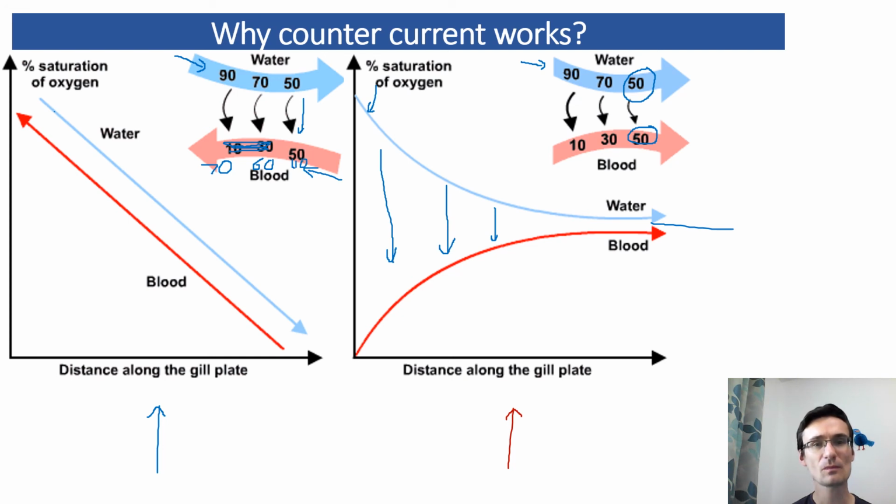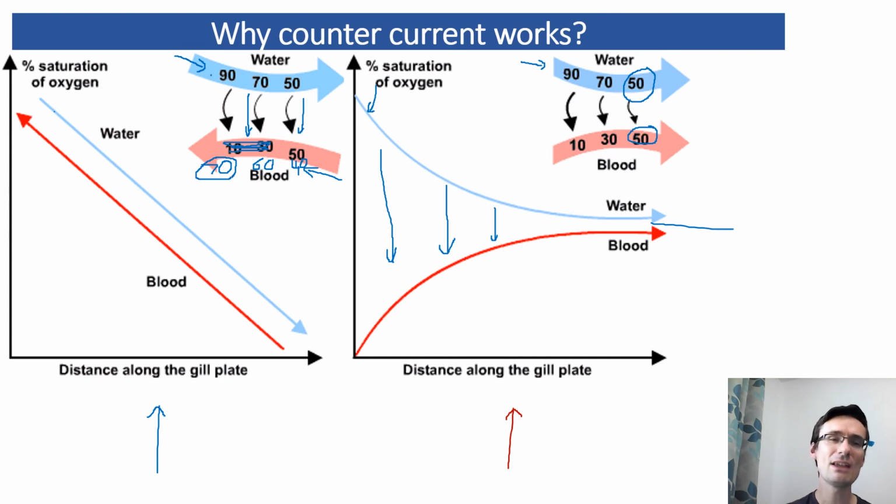blood. So at this end, you've got very, very little oxygen in the bloodstream because it's come back from the muscles of the fish, which have been doing all this respiration. So oxygen will diffuse through, and then it will maintain. There's always a little bit less oxygen in the blood than in the water, so oxygen will move through. And when we get to this end, by this point a lot of the oxygen has gone into the blood, so there are quite high levels of oxygen in the blood.